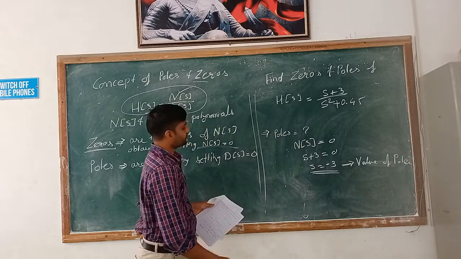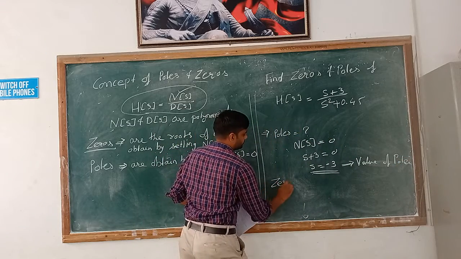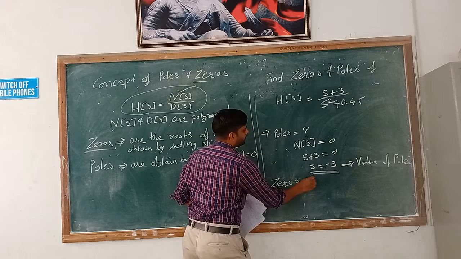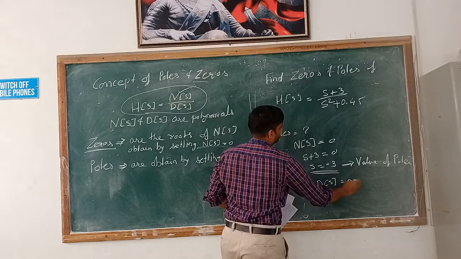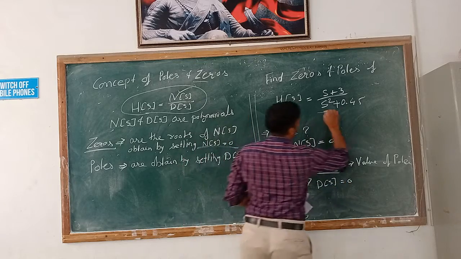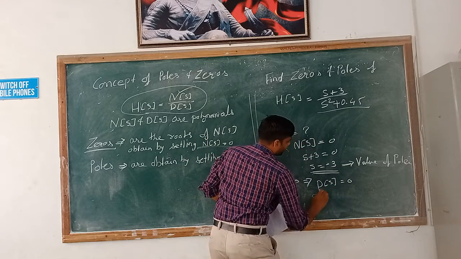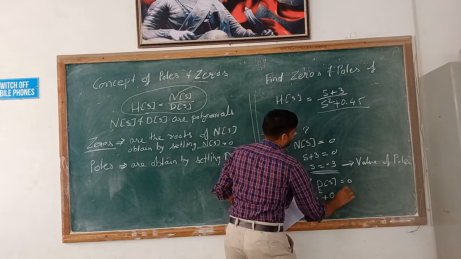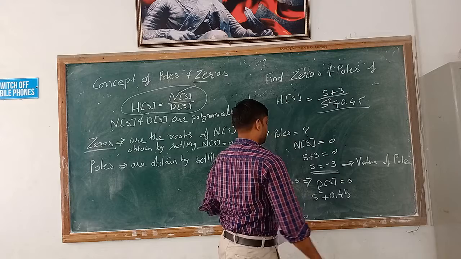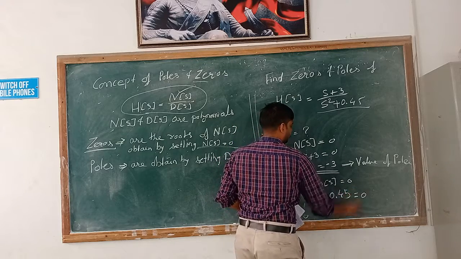Now how will we get the poles? By setting the denominator to 0. So here we have the denominator term s squared plus 4.5 equal to 0.